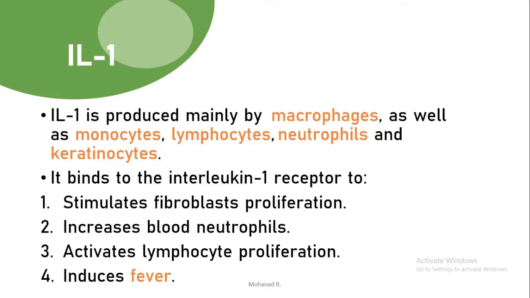Interleukin 1 is produced mainly by macrophages, as well as monocytes, lymphocytes, neutrophils, and keratinocytes. It binds to the interleukin 1 receptor 2, stimulates fibroblast proliferation, increases blood neutrophils, activates lymphocyte proliferation, and induces fever.